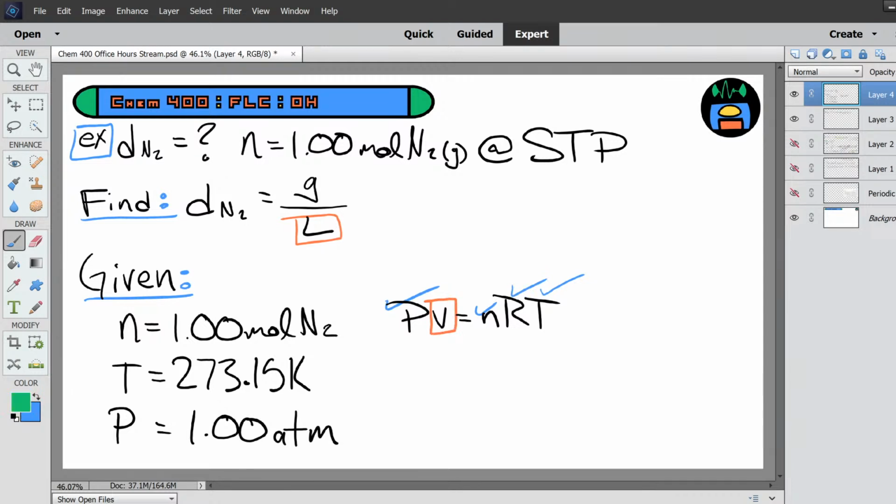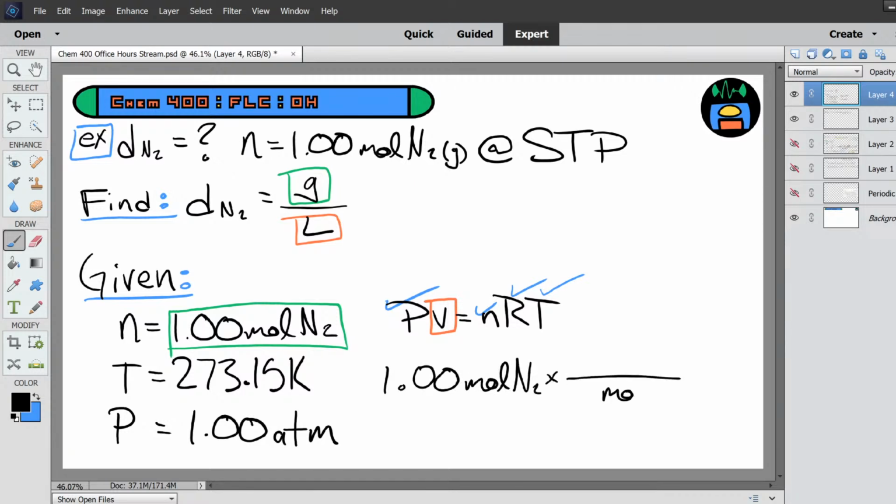But what about our numerator, our mass? We're given the number of moles of N2 we have, so we just have to convert moles to grams. That's how we get our numerator, and then we use the ideal gas law to get our denominator. So first, we have 1 mole of N2, and we need to convert from moles of nitrogen to grams.